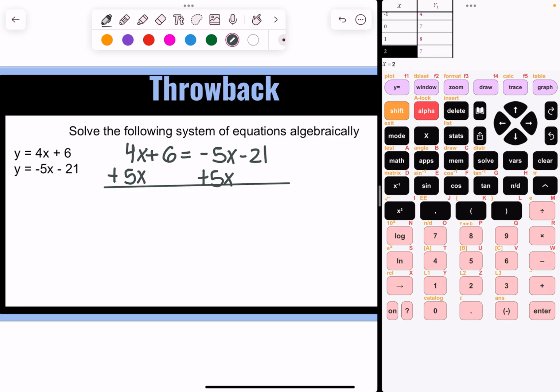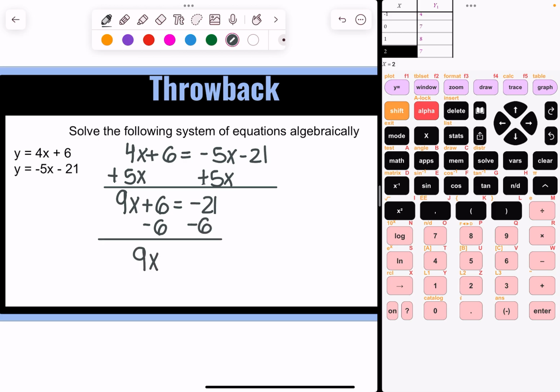That gives us 9x plus 6 equals -21. To get rid of the plus 6, I'm going to subtract 6 from both sides. That gives me 9x equals -27. Divide by 9 on both sides. I get x equals -3.